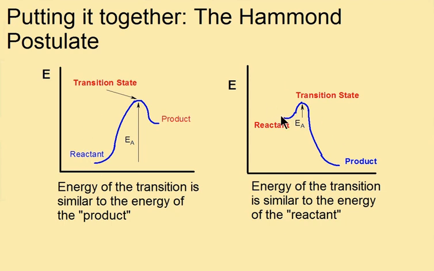Likewise, in the second step, the energy of the transition state is much closer, much more similar, to the energy of the reactant rather than the energy of the product.